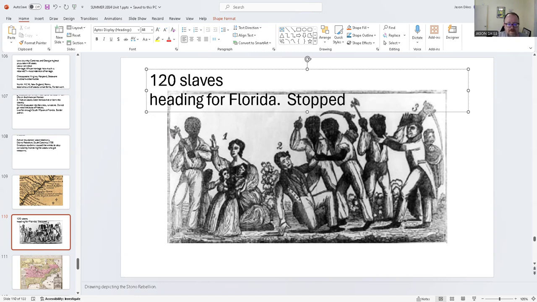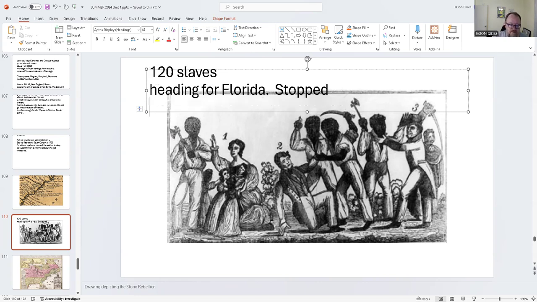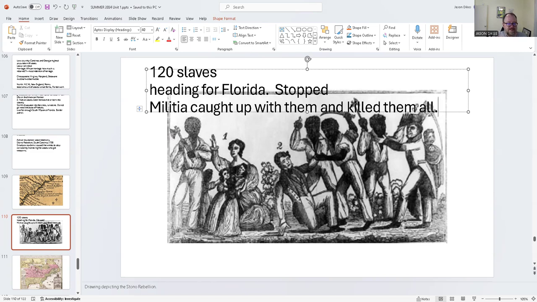So they probably needed to rest, and the militia caught up with them and killed them all. So that's why we don't exactly know what happened in terms of why they stopped in the course of the rebellion, or in the course of fleeing to Florida. We can only speculate.